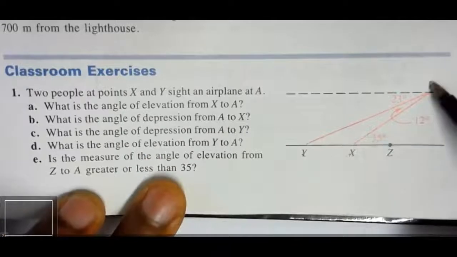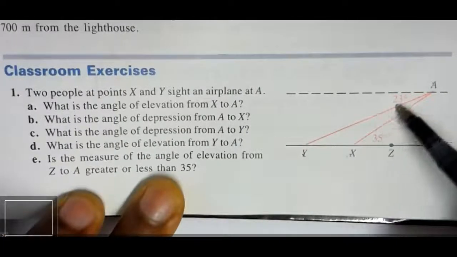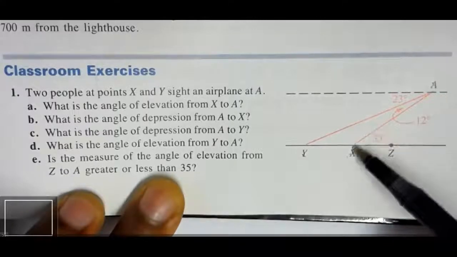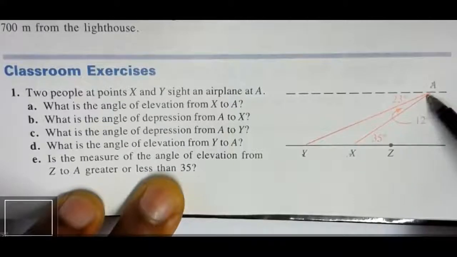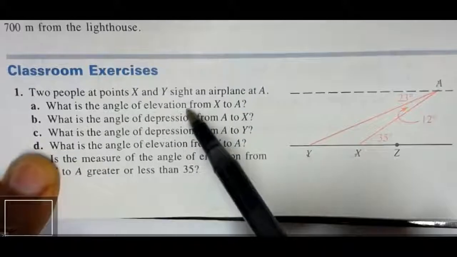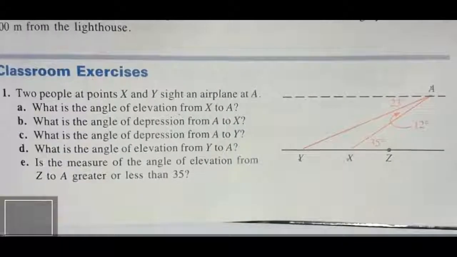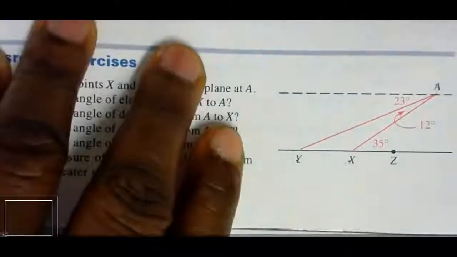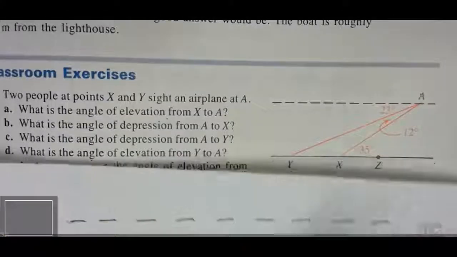And they are looking at a plane at this point A. So each one of them makes a line of sight, YA and XA. Okay, so what is the angle of elevation from X to A? So looking at angle of elevation from X to A, I will draw that so I can write on the paper.